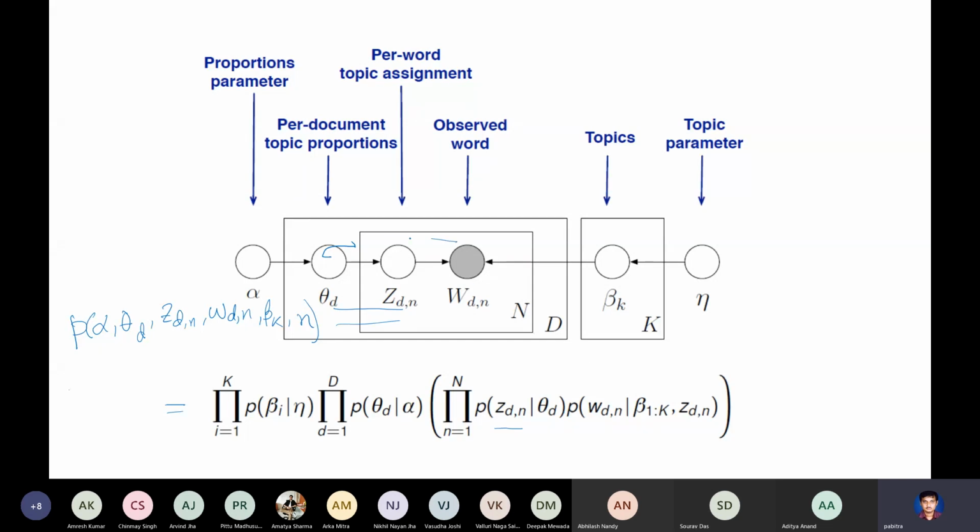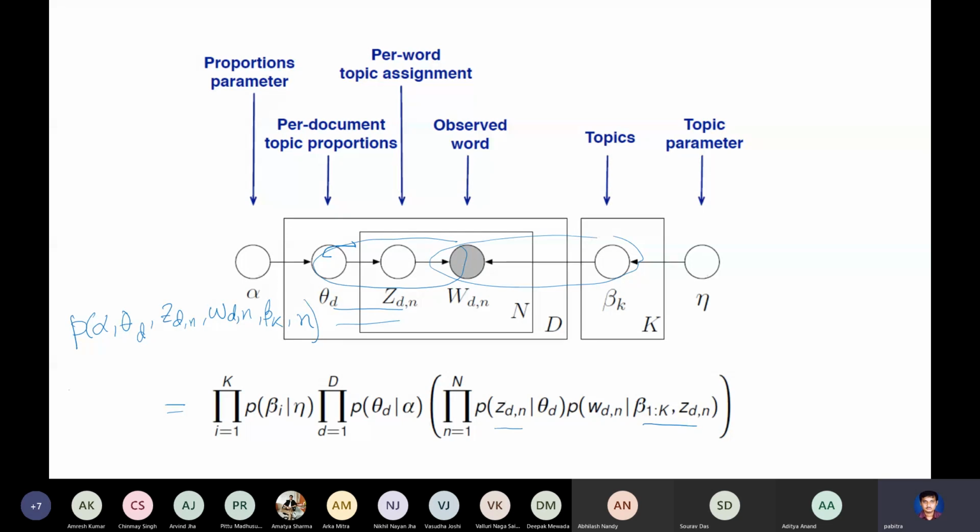So it has 2 factors. One is this factor and the other is this factor. P of w dn given beta and z dn, because both parents have to be taken for this. So this is how you generate w dn, and you are doing it n times because the plate is of replication n. So it's a product from 1 to n, assuming they are independent.